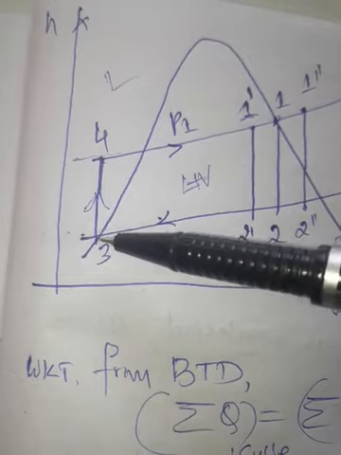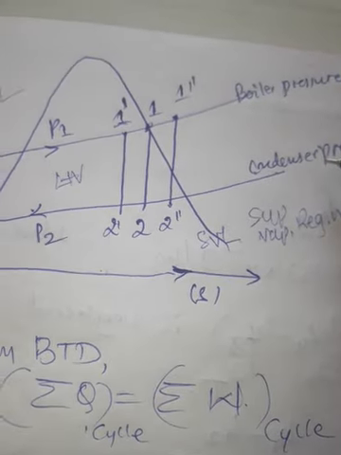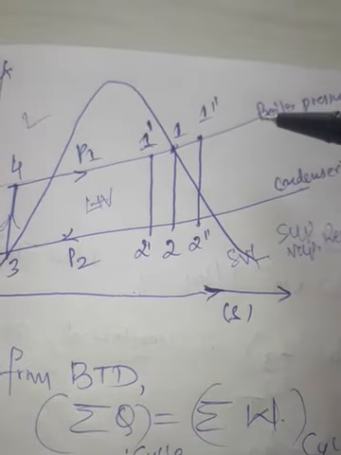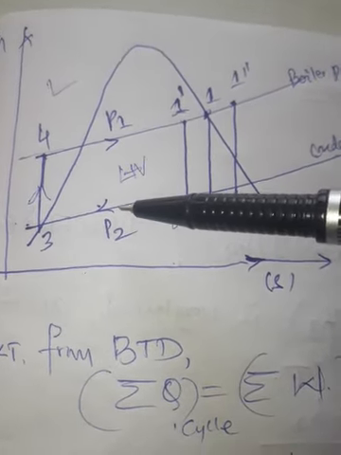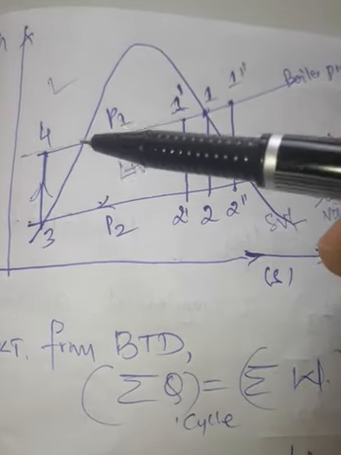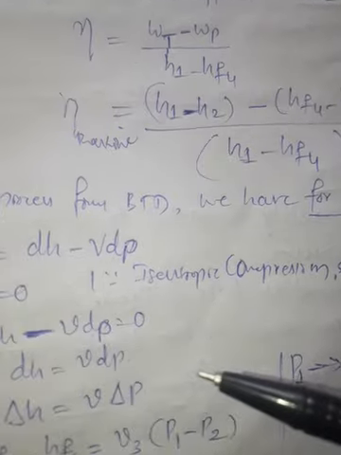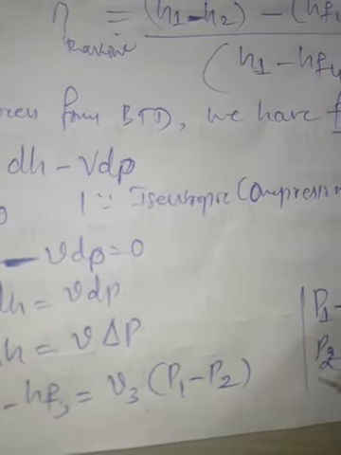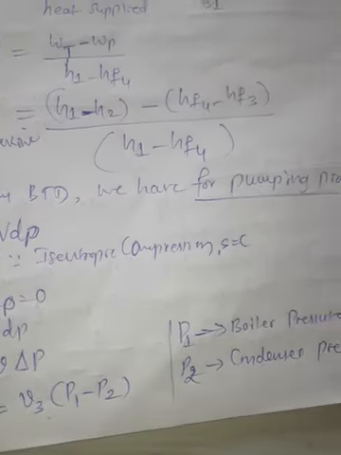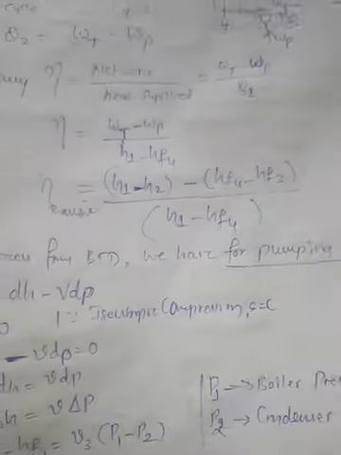So here this constant pressure line is condenser pressure, and final pressure is boiler pressure. So this is P1 and P2. The change in pressure across the pump is P1 minus P2. So we are substituting the same formula for change in pressure across the pump, P1 minus P2, where P1 is boiler pressure, P2 is condenser pressure.